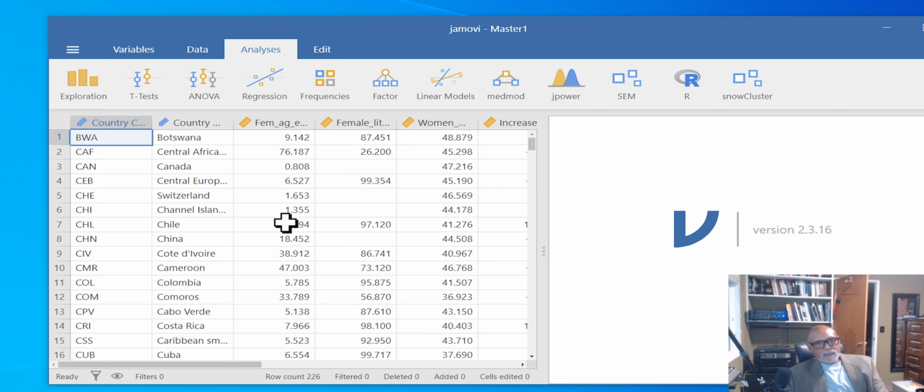You will find the variables in this data set with country code, country name, and all the variables that I discussed earlier.